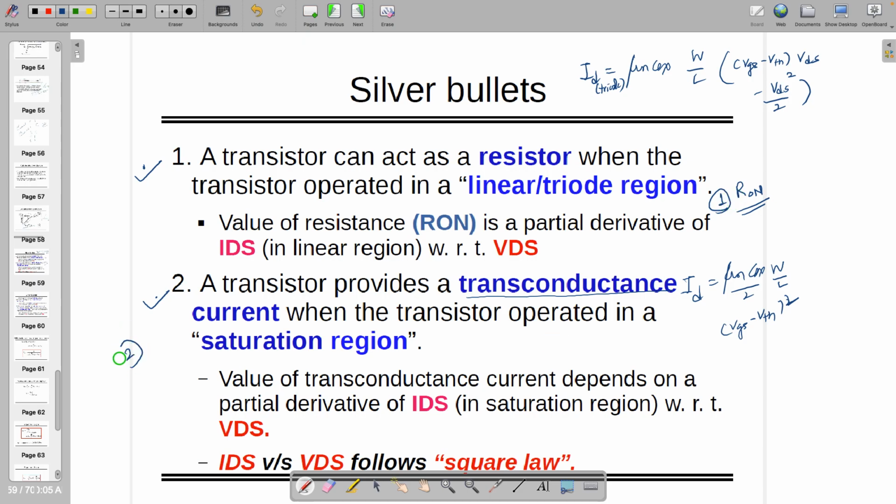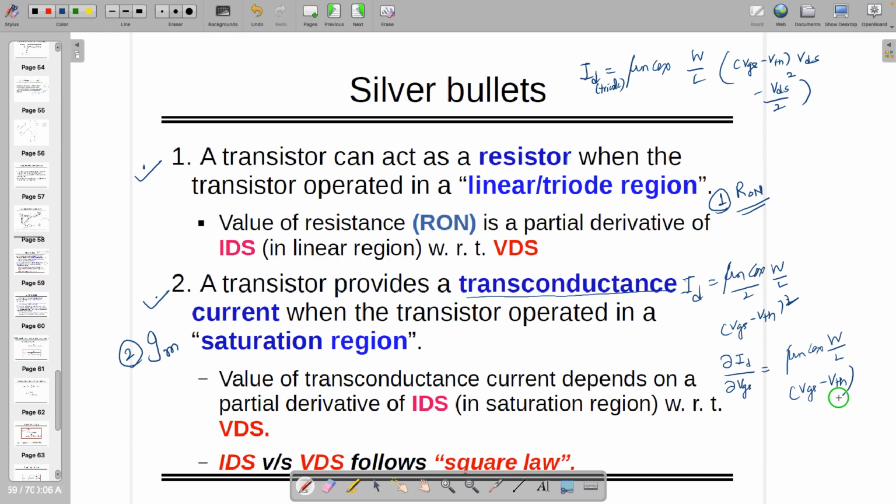The second is GM, important without anything else. If it is GMB or GMBS, that's the body effect based transconductance. But normal GM can be found by the square law equation, del ID by del VGS, and that gives me the value. And what is that value? Sorry, mu n Cox W by L (VGS minus VT), right? This is very simple.